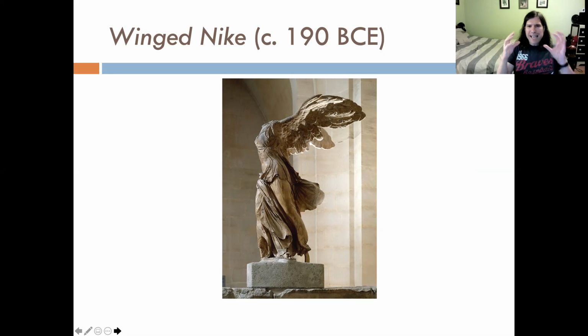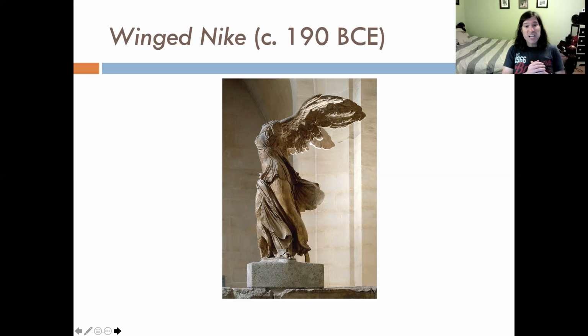So capturing this highly dramatic moment. Even though it's not a depiction of suffering or failure or loss of control, the dynamism and the dramatic nature of this work really do mark it out as Hellenistic.